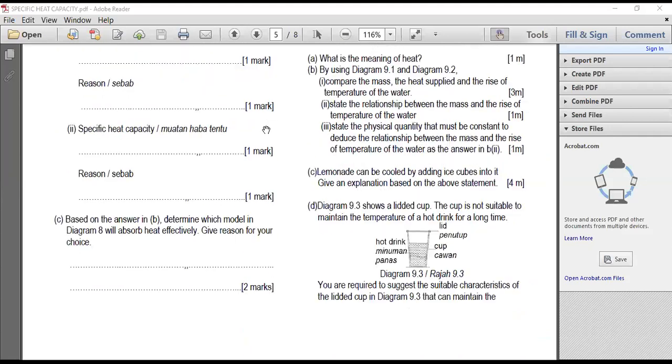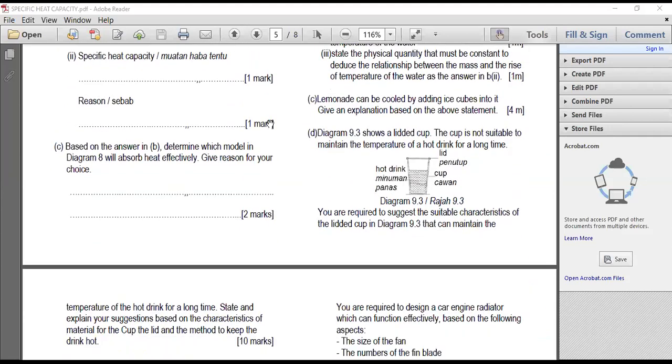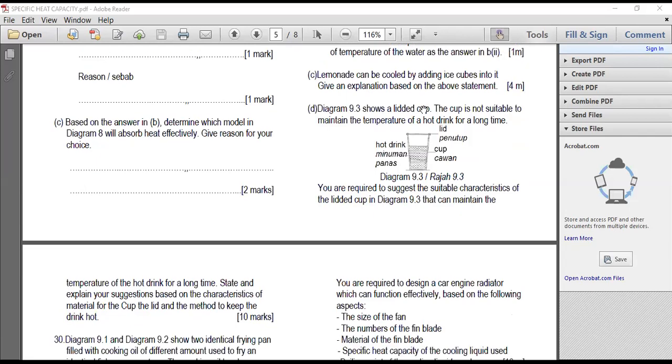Now next we look at part C. Lemonade can be cooled by adding ice cubes into it. Give an explanation based on the above statement. This is 4 marks, that means you might have 4 points.